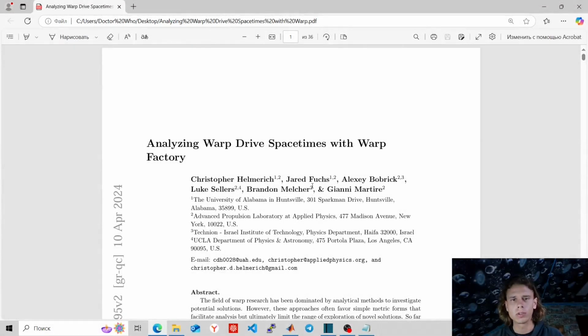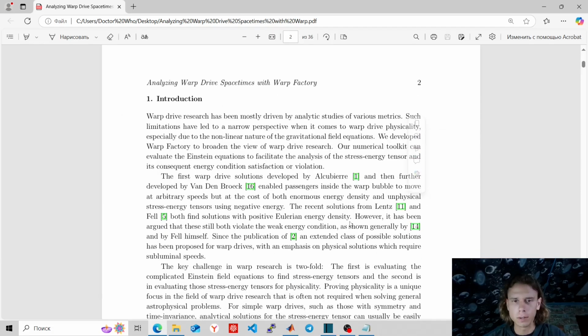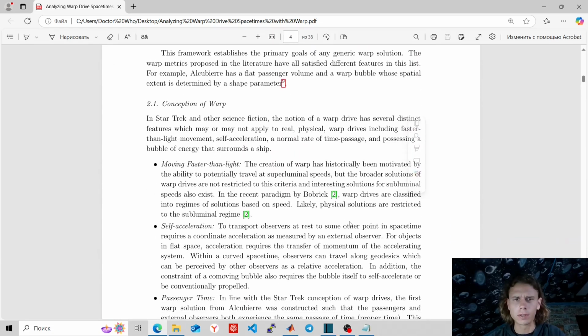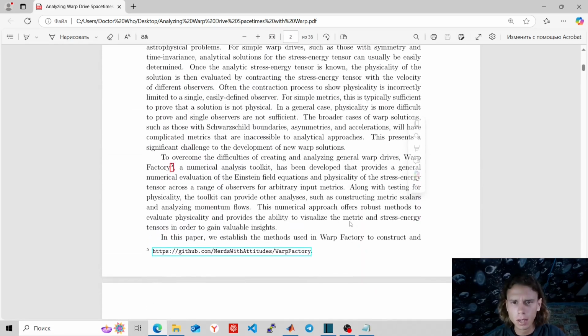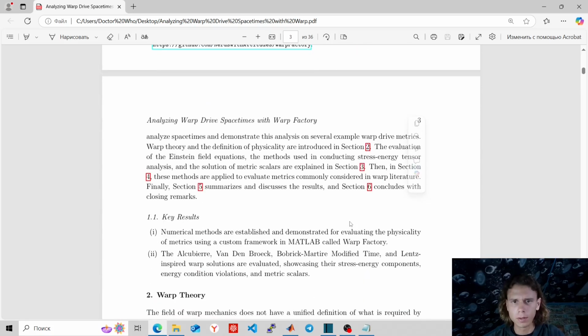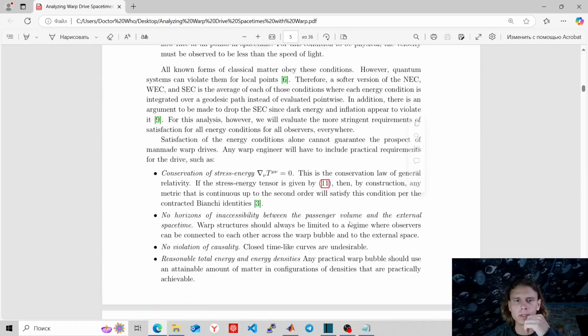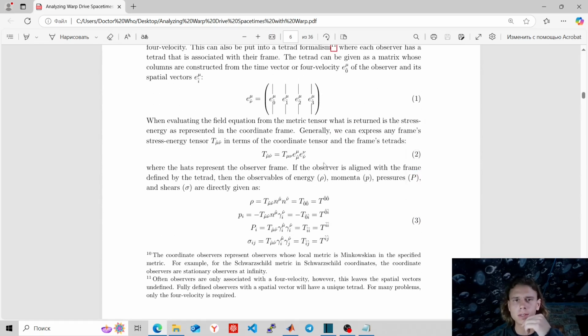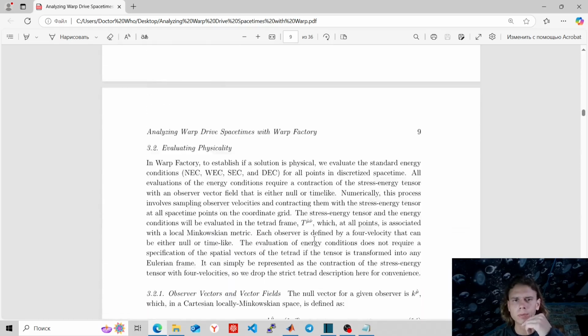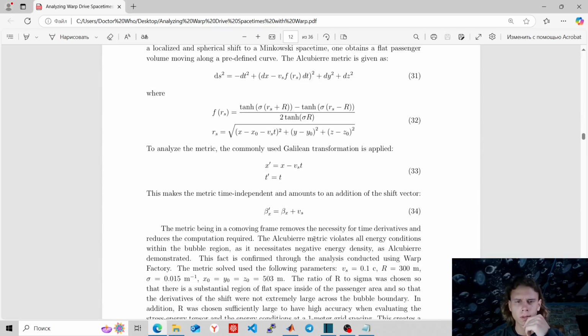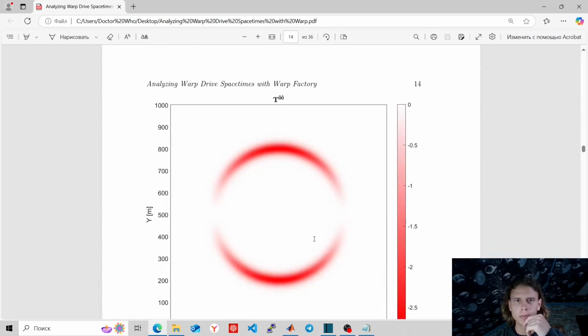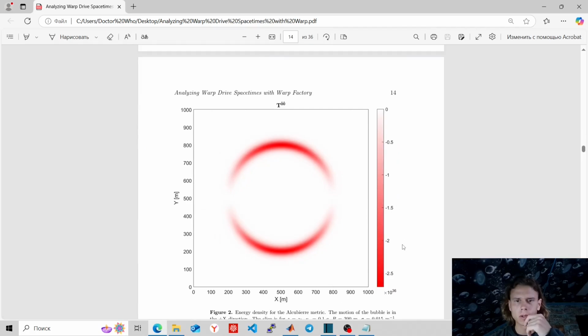And so right now I wanted to show you this paper analyzing warp drive spacetimes with Warp Factory, which was written by the development team of Warp Factory. And here you can find more information about this toolkit. You can find more mathematics, and there is a lot to it, and again computations.